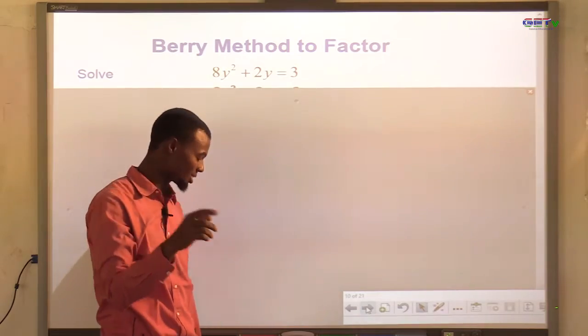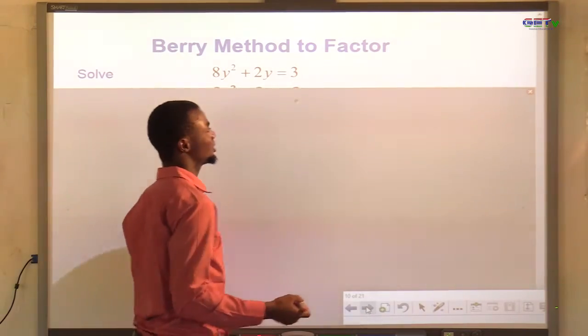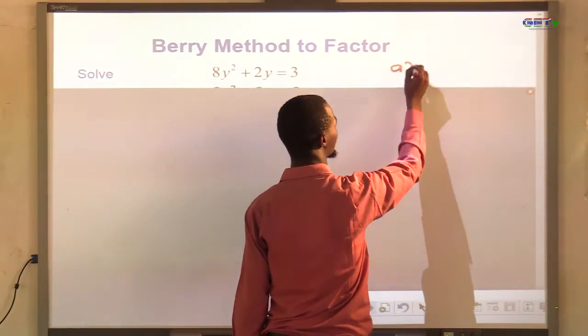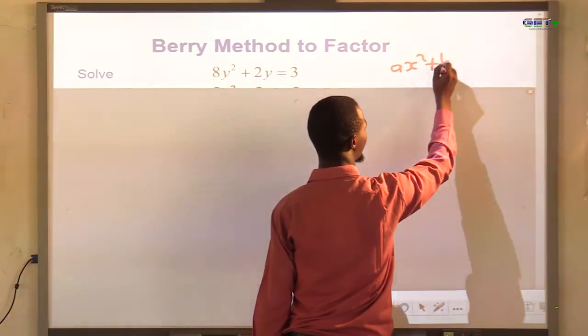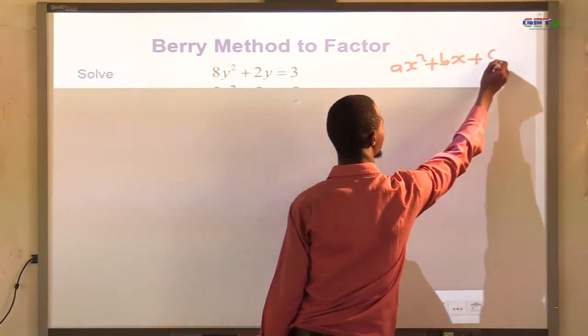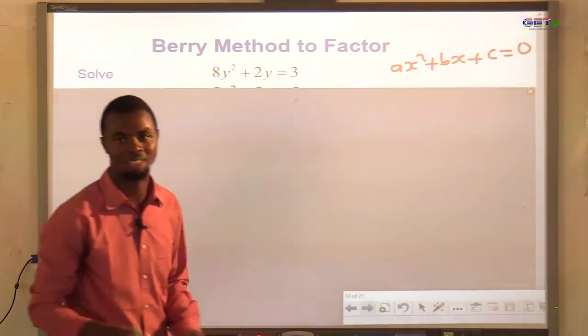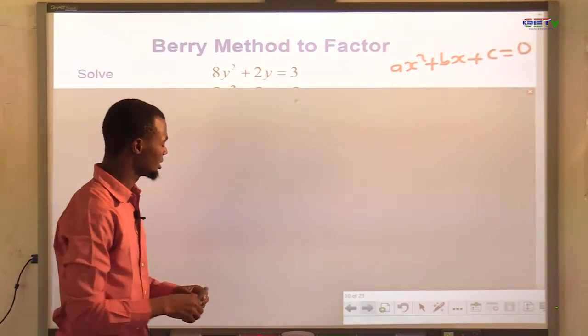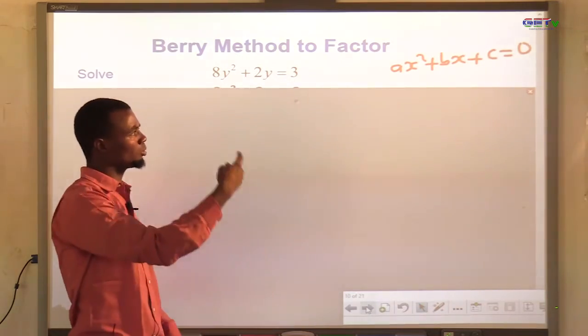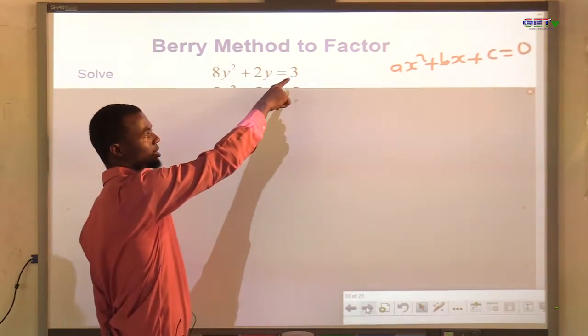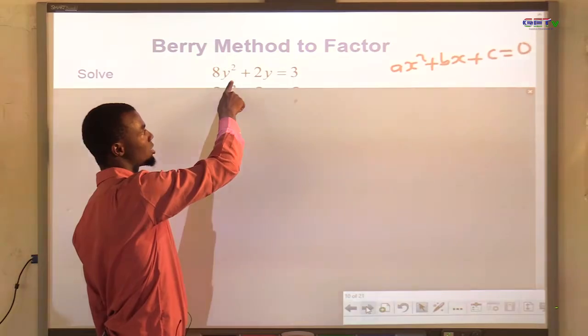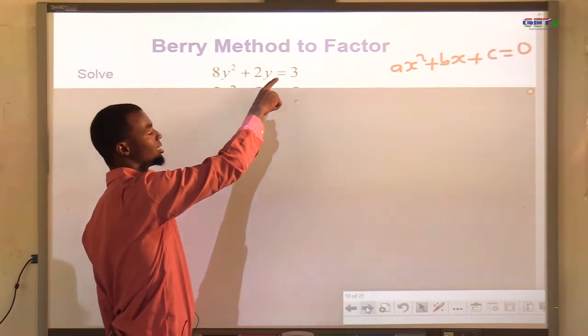That is what it means. Now, the quadratic equation should be in the form of ax squared plus bx plus c equals 0. This is the standard form of the quadratic equation. Now, we look at what will happen with this 3 here. We have 8y squared plus 2y equals 3.